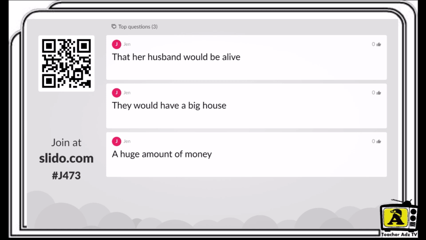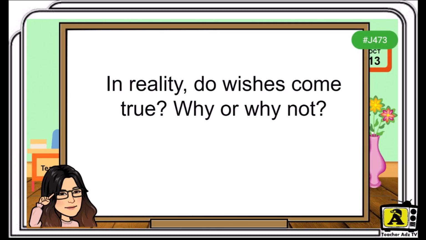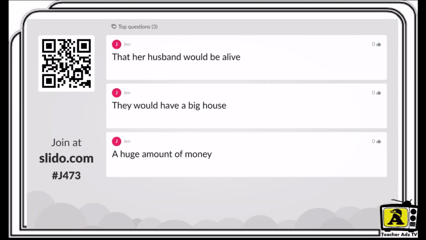But the moment that it was mentioned that the three wishes did come true, those are not happening in reality. Okay? So it is make believe. So in reality, do wishes come true? Why or why not? What is your answer? There are things that we wish for which come true, but there are also things that do not come true.